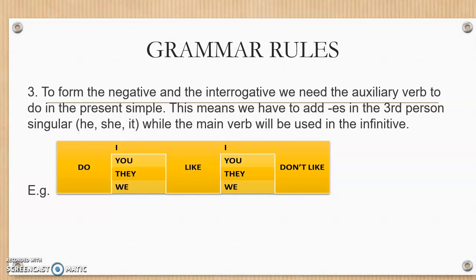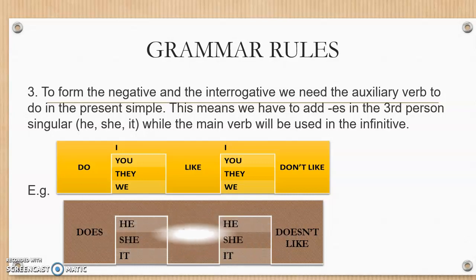It's simple. But the second one, how if we use he, she, it? So the s is not put at the end of the verb again, but it is moved to the front.